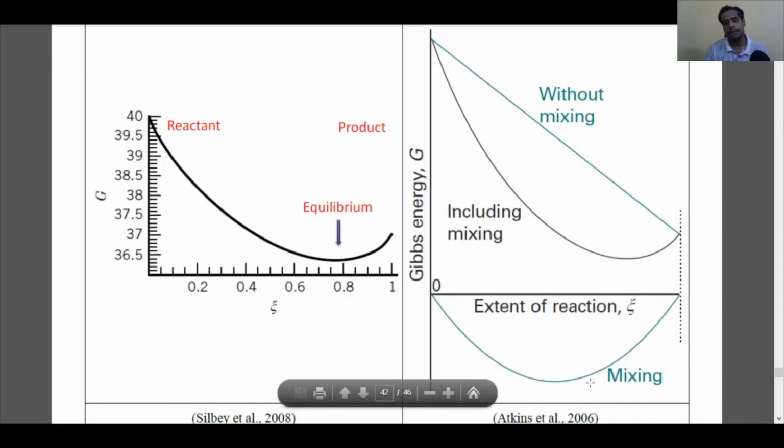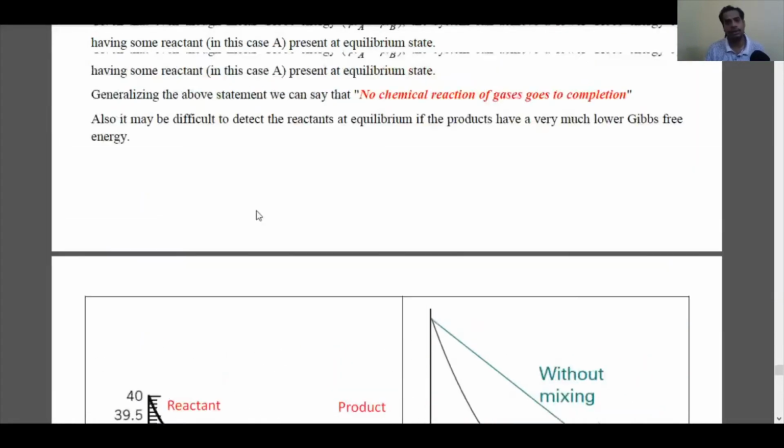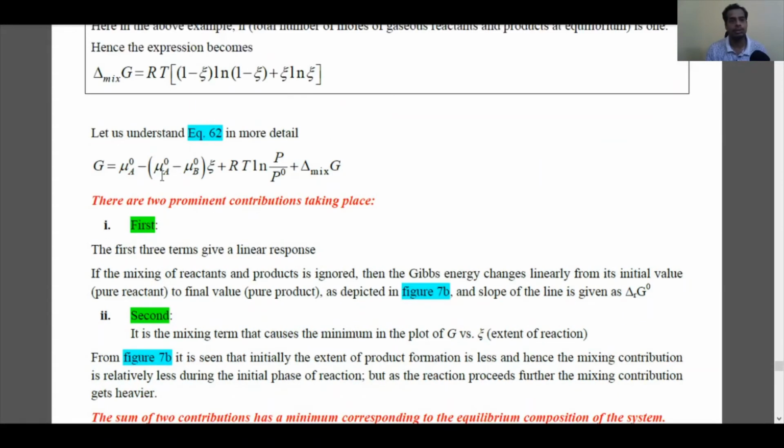At 50% of extent of reaction we get minimum Gibbs energy. The first three terms are not there, only mixing is there. But in our actual expression, there are both terms: the linearly decreasing terms and the mixing term.